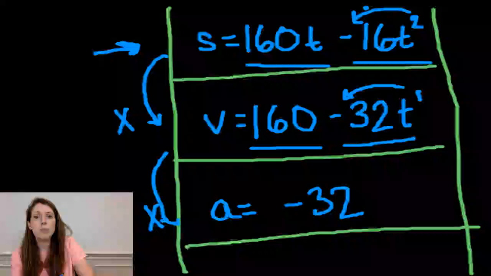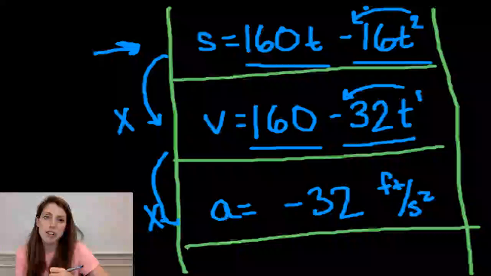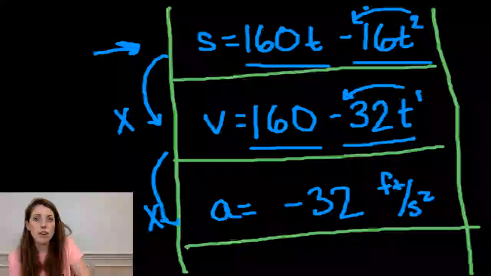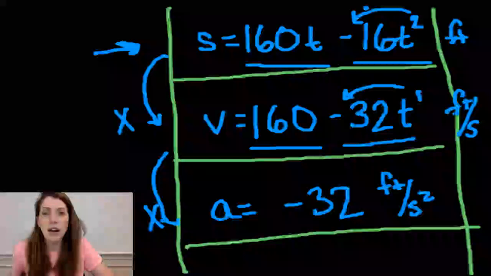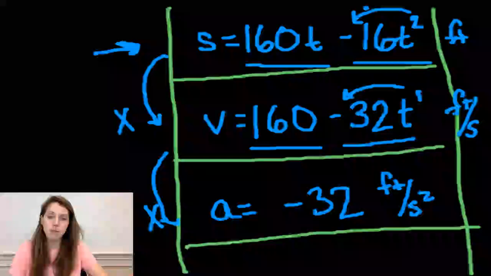So this would be negative 32 feet per second squared, which is the acceleration due to gravity using feet. And the top equation was, of course, in feet. That makes the second one in feet per second. And of course, it is really important to have the correct notation or the correct units here.